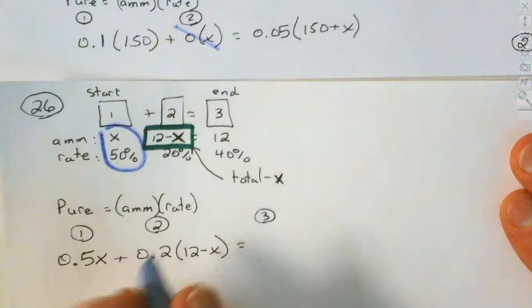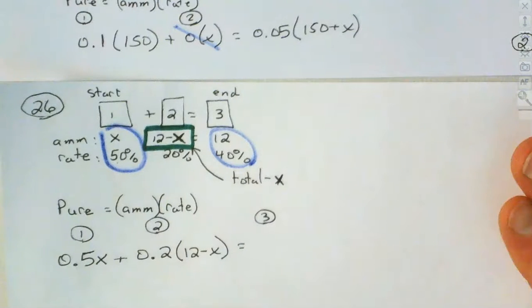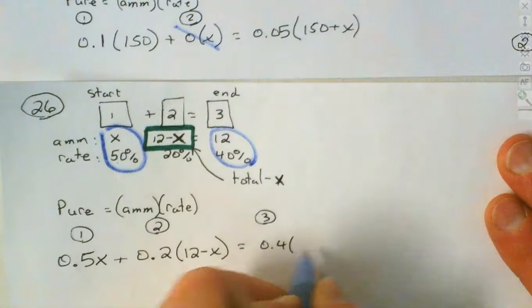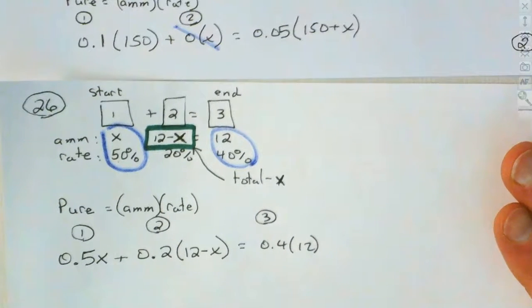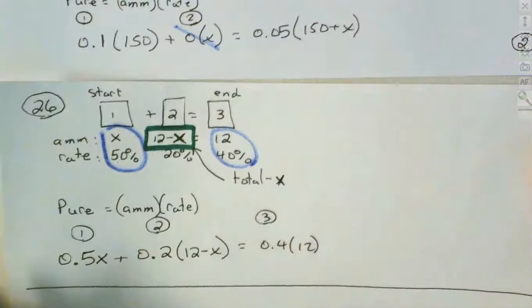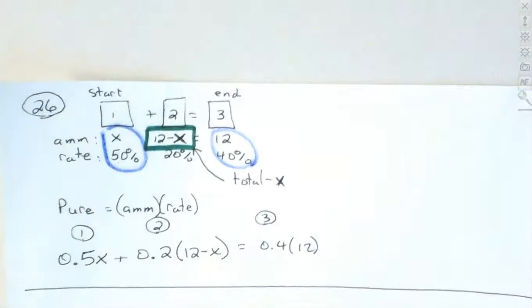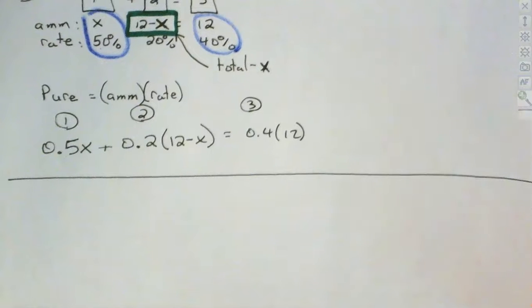How much is in there? Okay, that's this one here. 12. What's its concentration? 40%. So that's going to be 0.4. It's 40% times the 12. Again, I'm not going to solve these because I don't think that's the best use of time. I think all of us can probably solve this from here.